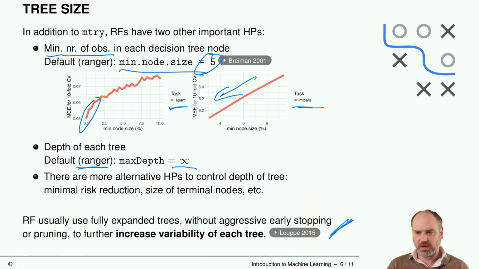There are also alternative hyperparameters to control the depth of the tree. You have seen them before when we studied decision trees specifically, like the minimal risk reduction to require from the optimal split to actually perform it, the size of terminal nodes, and so on.